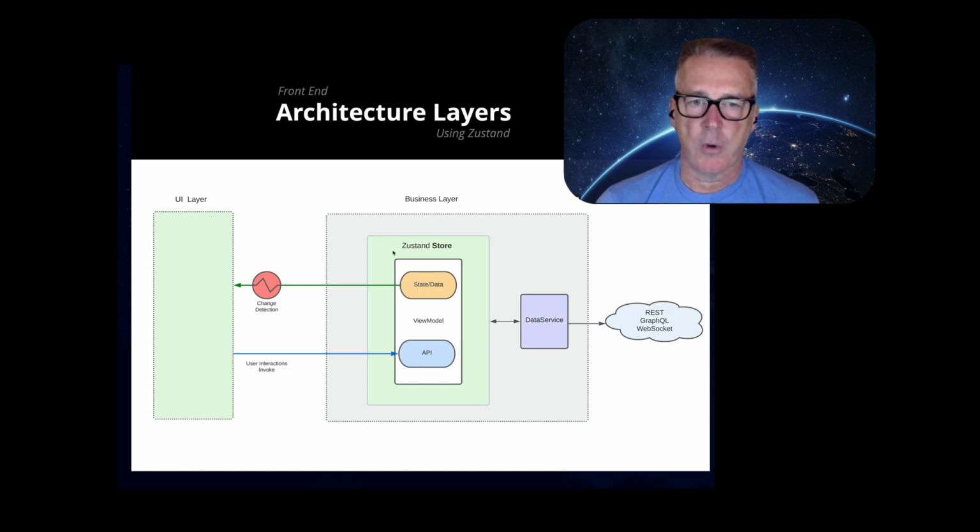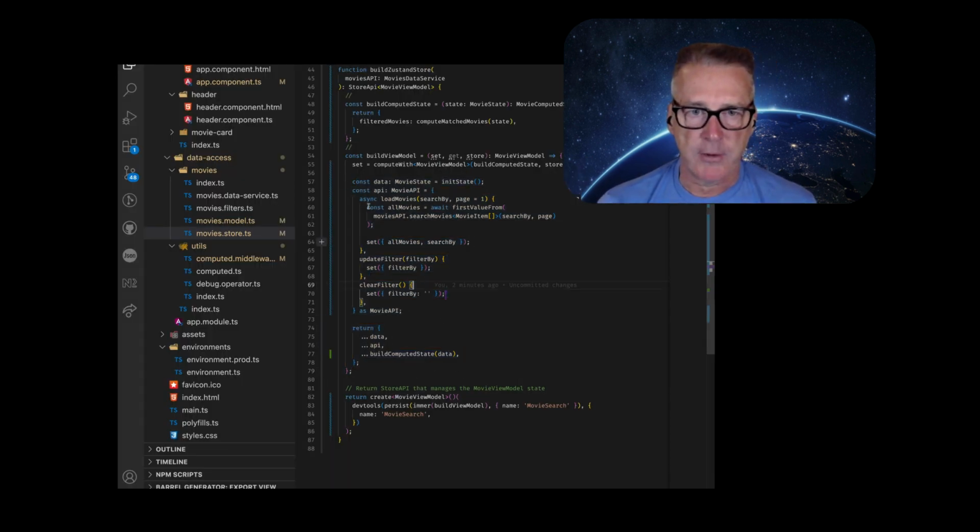And the Zustand Store emits notifications that it's changed, and then that goes through the movie store and through the stream. And the UI is then using that view model observable. And when you make changes to the filter or the search by, those go right to those API methods, which are right here. Extremely self-contained, very easy to add extra state properties, very easy to add extra API methods, very easy to maintain and to test.